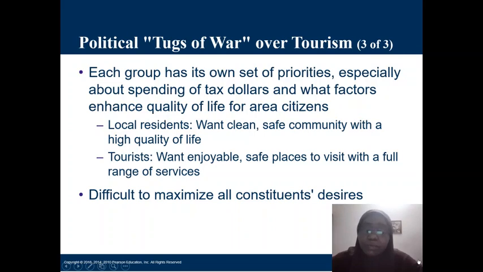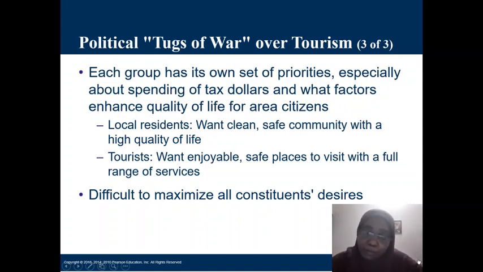Tourists just want to enjoy themselves. They want safe places to visit, and a variety of services at their disposal, so that they have a memorable stay wherever they decide. All these are under the political tug of war over tourism.